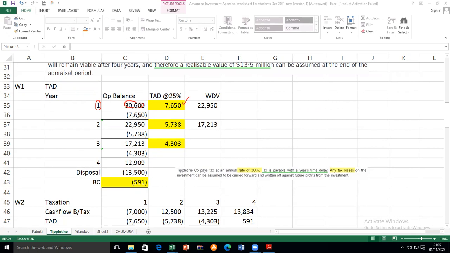So that is the written down value. In year 2, again, you apply the percentage, you get that. You subtract, then again you knock off that, you arrive at that. So this is in year 4. At the beginning of year 4, that's your written down value.